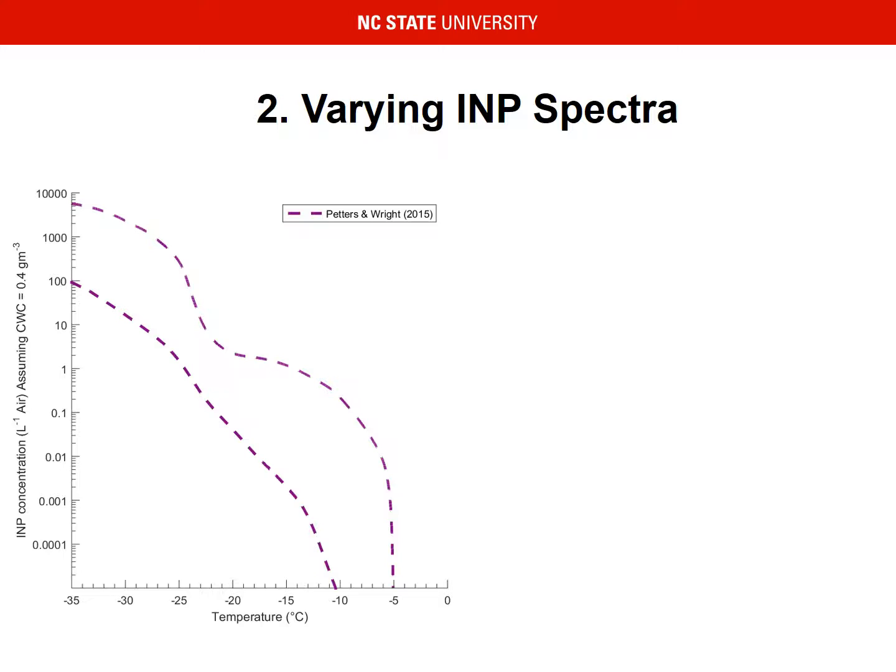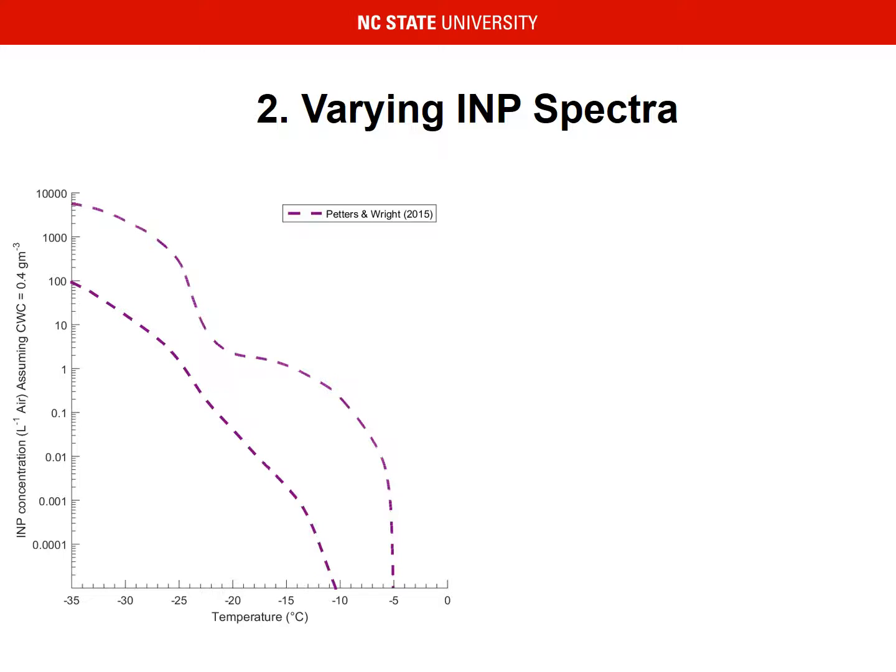The second component of this research is to assess the influence that INP have on precipitation. What I have shown off to the left is a recently produced composite by Petters and Wright 2015 of ice nucleating particle concentrations within a continental air mass. So you have freezing temperature along the x-axis and the INP concentration per liter of air along the y-axis put in log space.